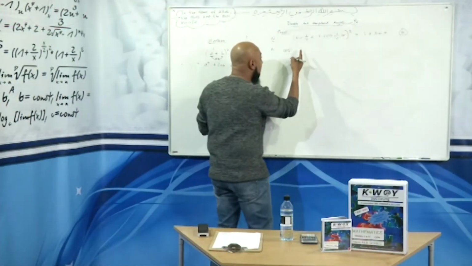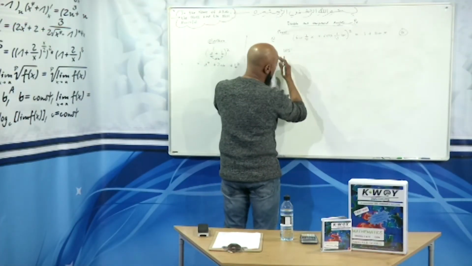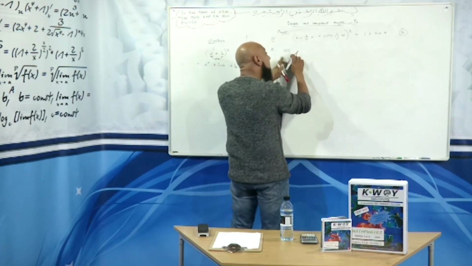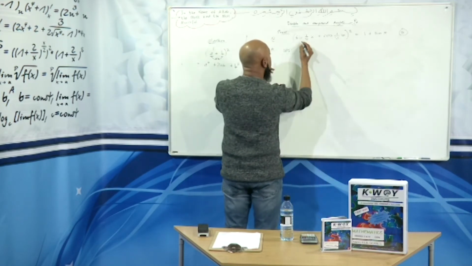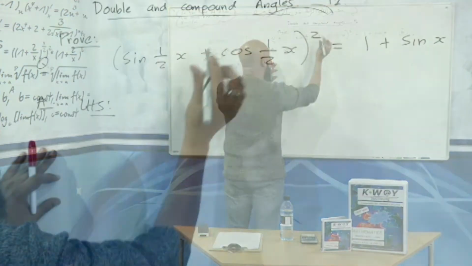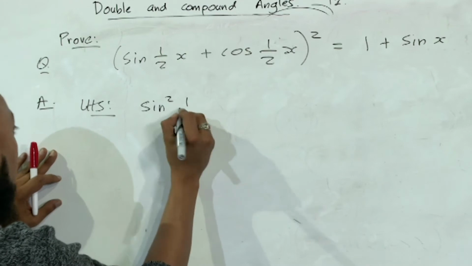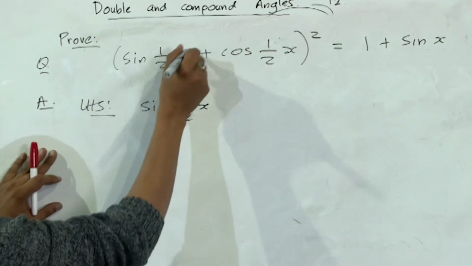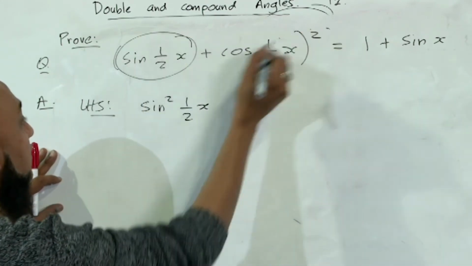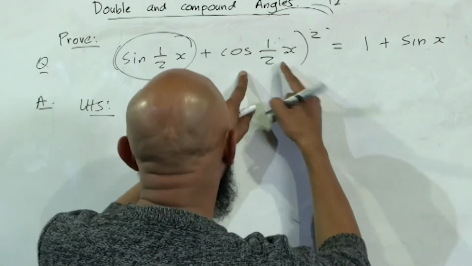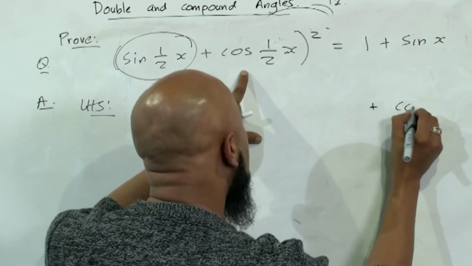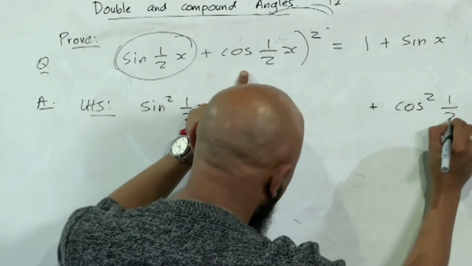So let's go back here to the left hand side of the equation. Let's square the first term. We're going to get sine squared half x. That's the first term squared. Let's square the second term, plus cos squared half x.